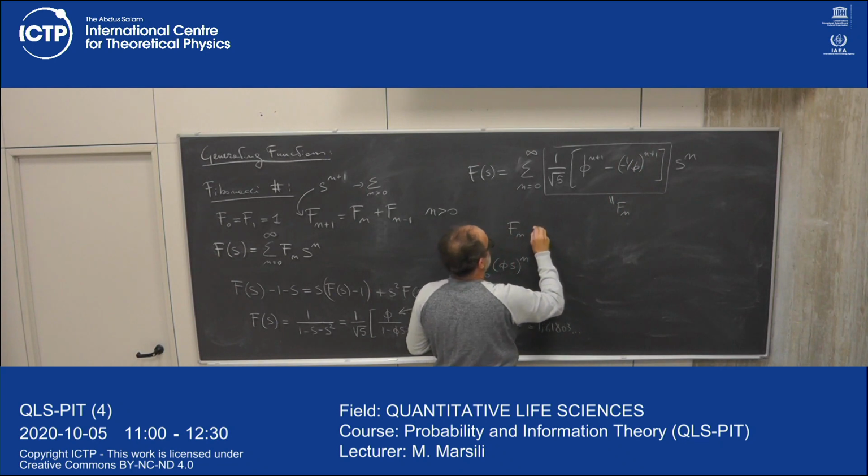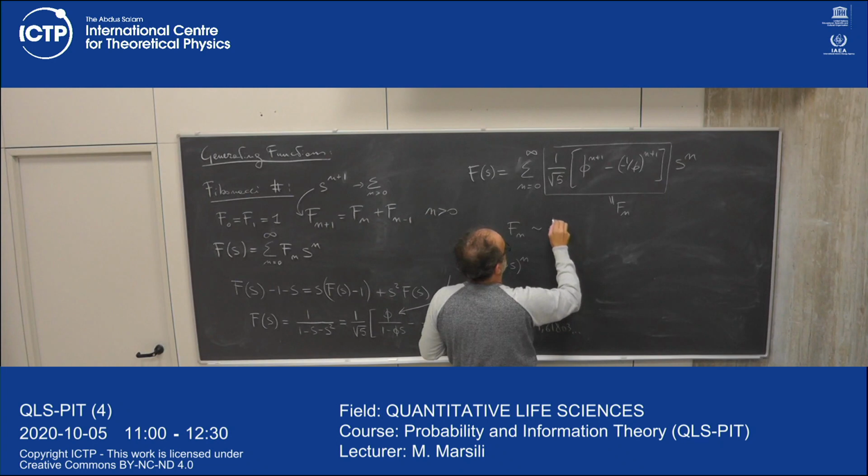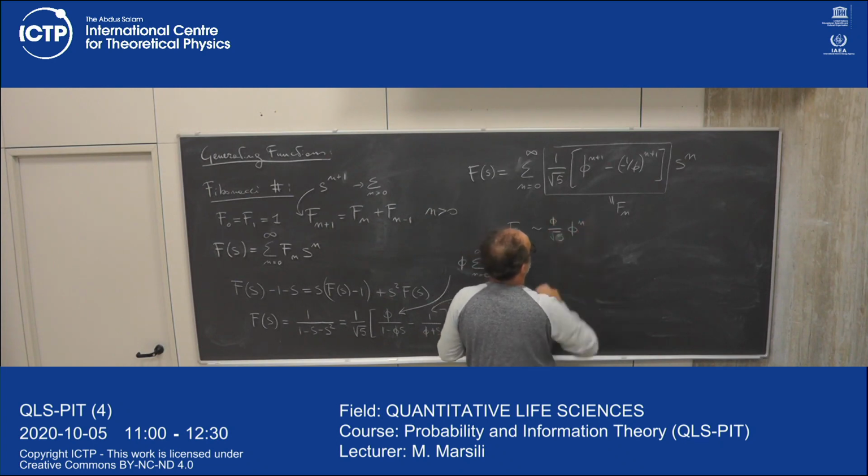So the asymptotic behavior of f of n is essentially given by 1 over square root 5 times phi to the n.